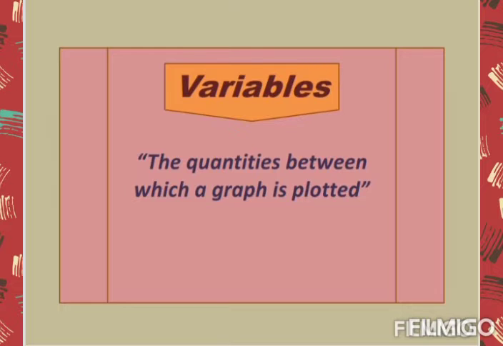Okay, here is another term that is called variables. The definition of variables is the quantities between which a graph is plotted. Those quantities on which the graph is plotted are called variables. Basically, the word variables is derived from variation. Variation means there is a change.